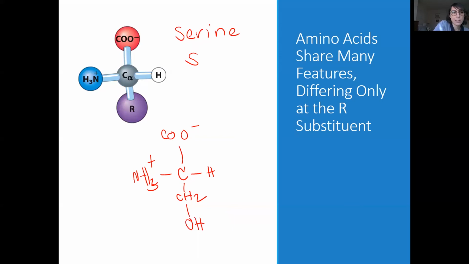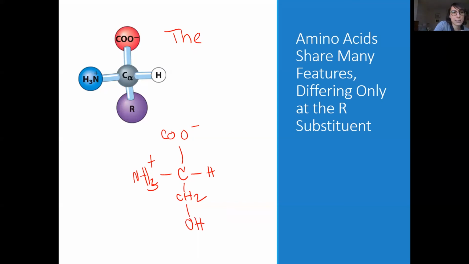After serine is going to be threonine. Threonine is an elongated version of serine.